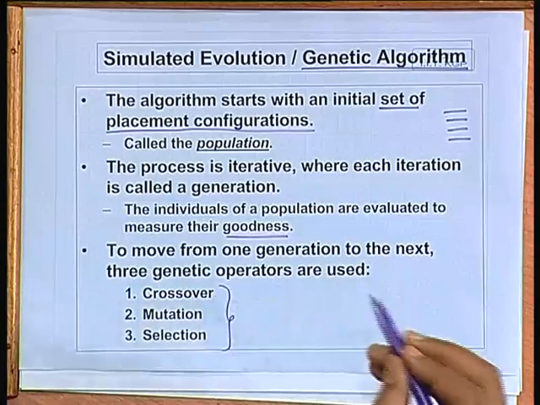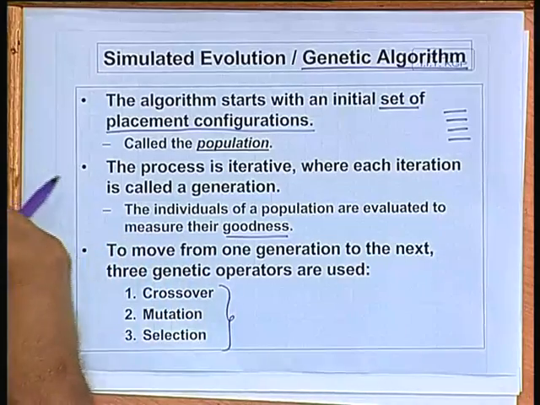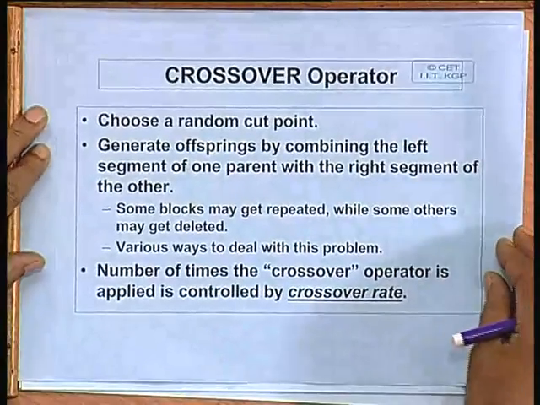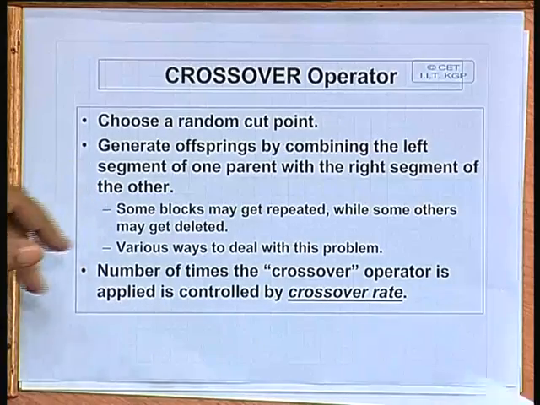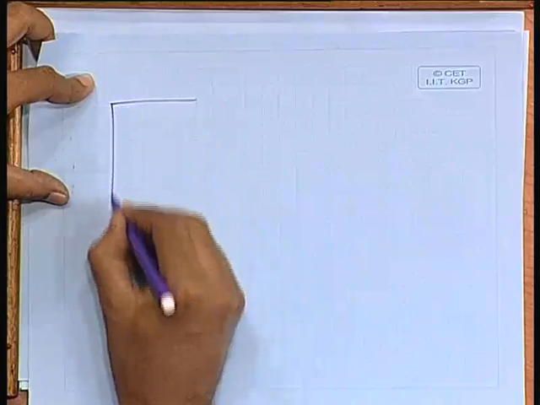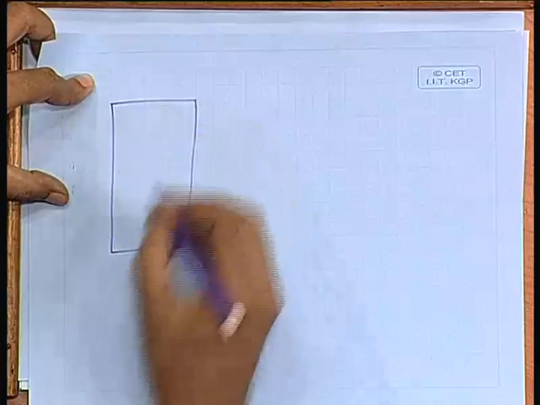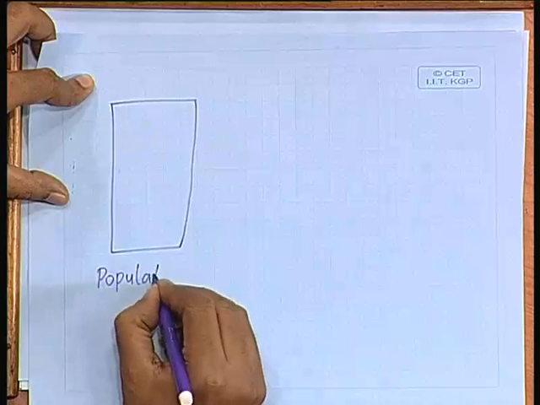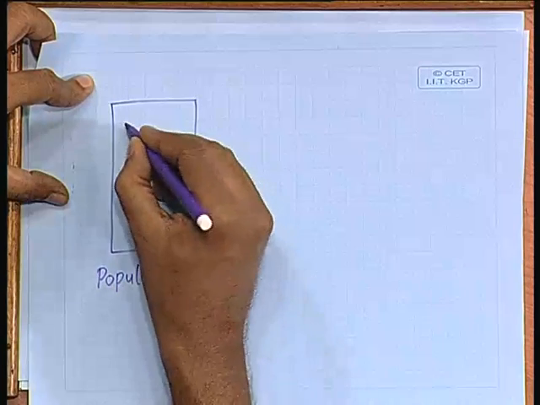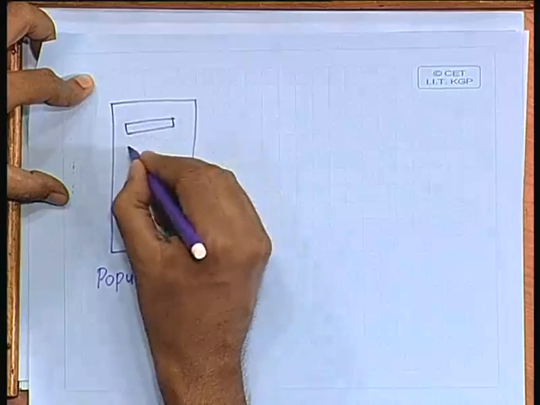First, the crossover. In order to explain the crossover operator, I am explaining first one thing. Suppose you have a given population, which will comprise of several solutions.